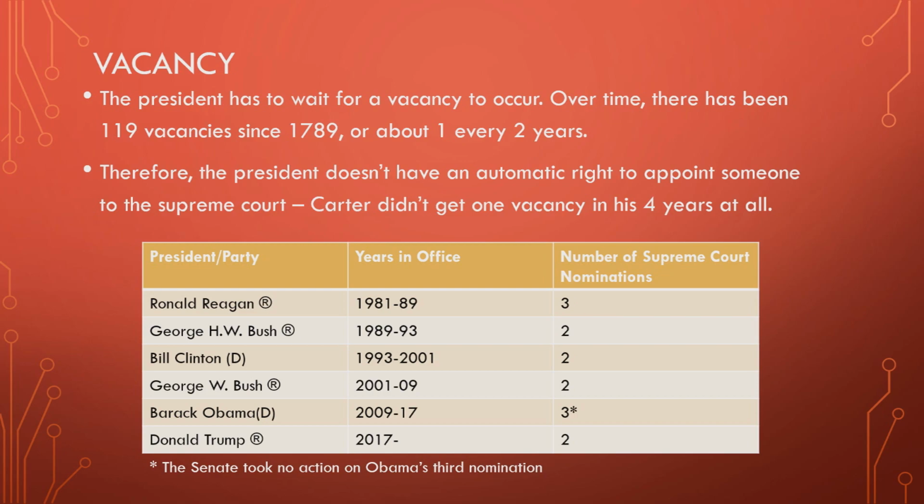In the end, Neil Gorsuch, who was Trump's candidate, was the eventual justice. And Obama's nomination was rejected in the end because they didn't feel that Obama should get it. They felt that Trump should get the nomination instead. And as you can see, Trump since 2017 has had 2 already, which is quite a lot for a president that's only been going for three or 4 years at this point.